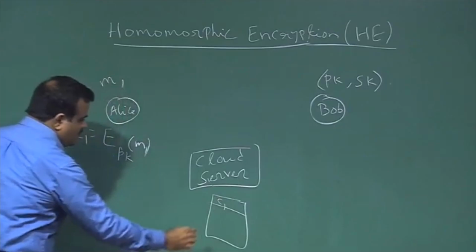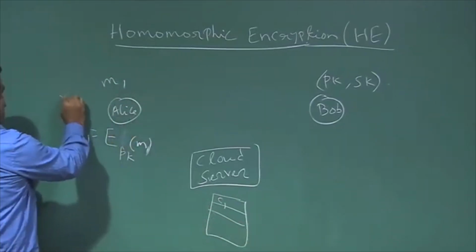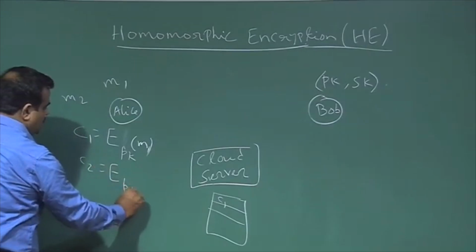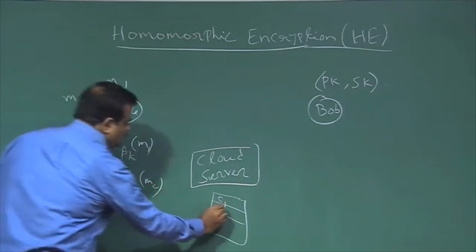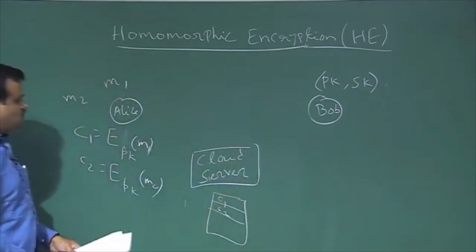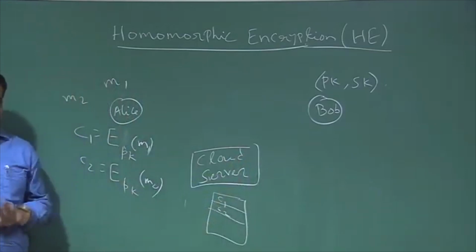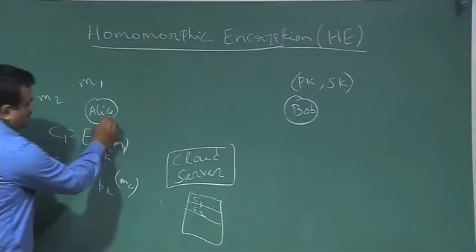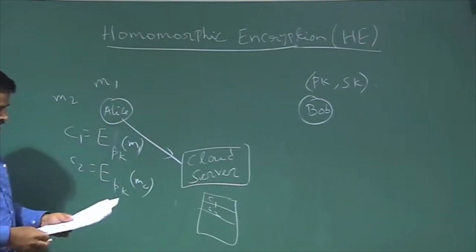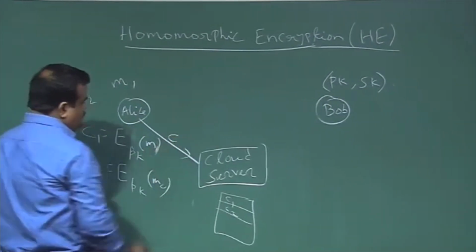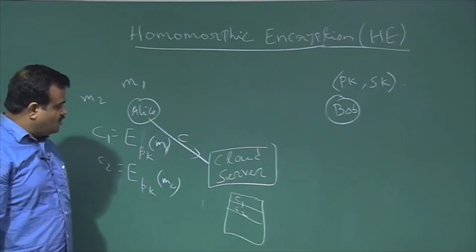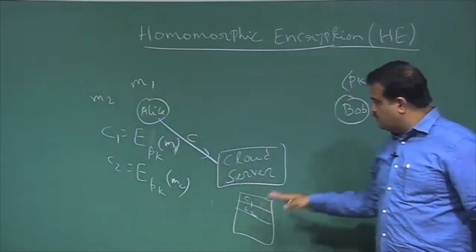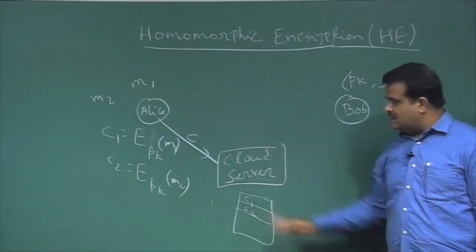So C1 is stored here, and if we have another message M2, then we get C2, which is E of PK, M2. So C2 is stored here. This is the storage in the cloud. This C is sent to the cloud, and the cloud is storing this. The cloud has this ciphertext storage, which is the database maintained by the cloud.